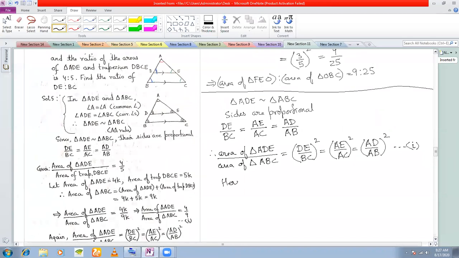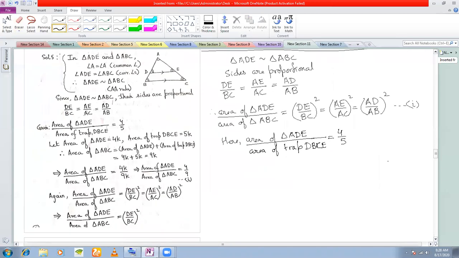Here, area of triangle ADE to area of trapezium DBCE is equal to how much? 4:5.